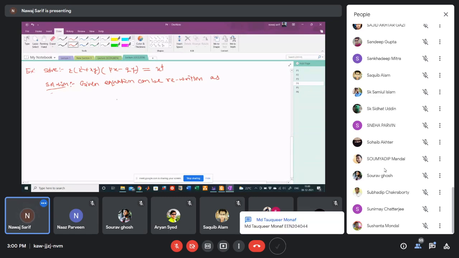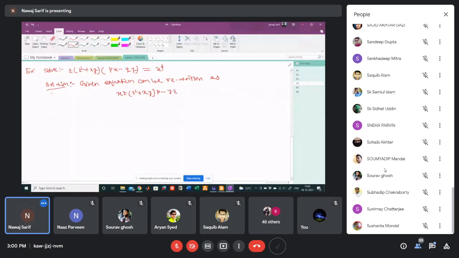Write this as xz(z² + xy)p minus yz(z² + xy)q equals to x to the power 4. This is the standard form. Now next step is to write the Lagrange's auxiliary equation.